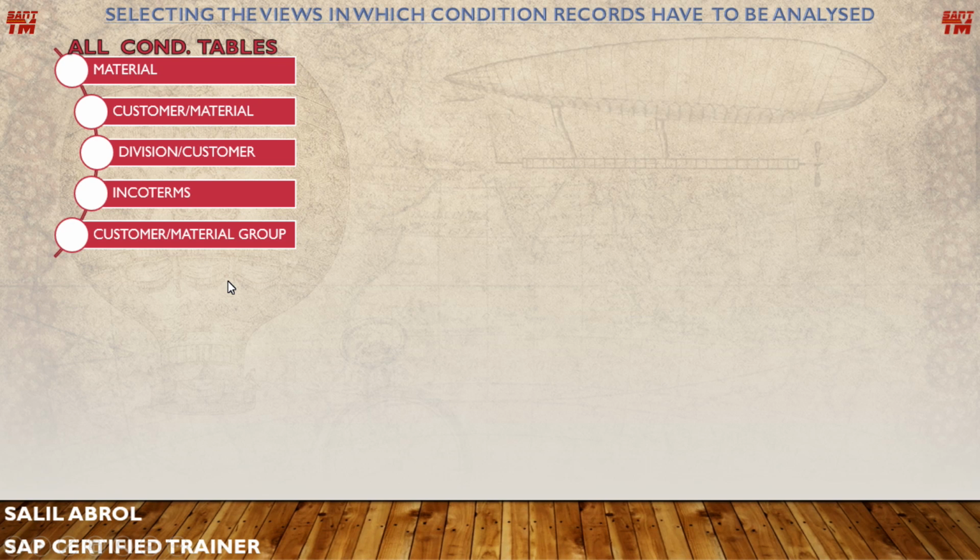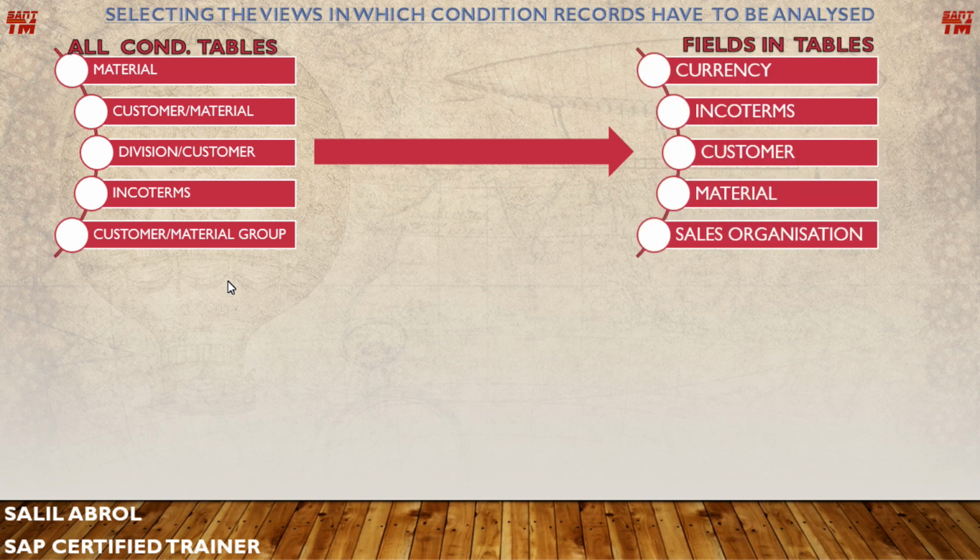Now I am going to select a particular domain. See, this material was the whole table, there can be many columns. This customer material was the whole table, there can be other columns also.